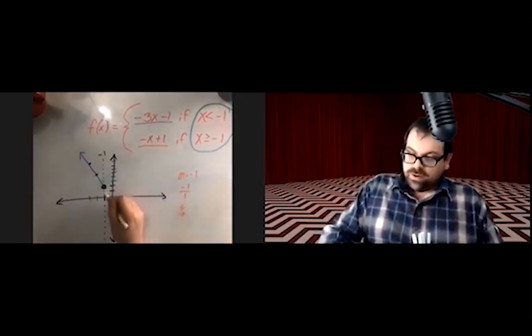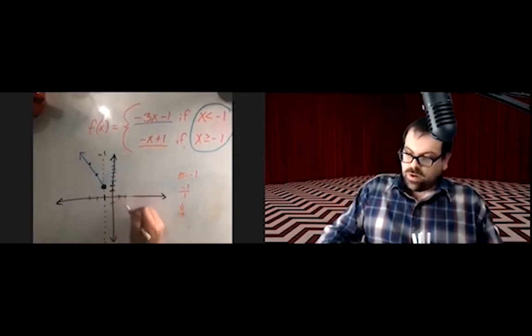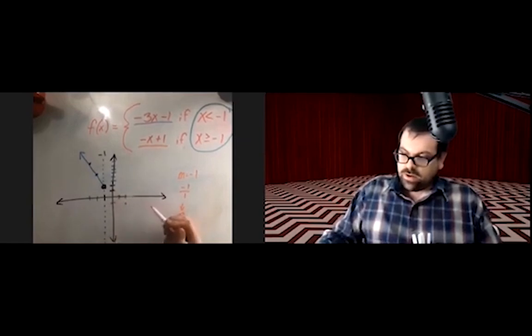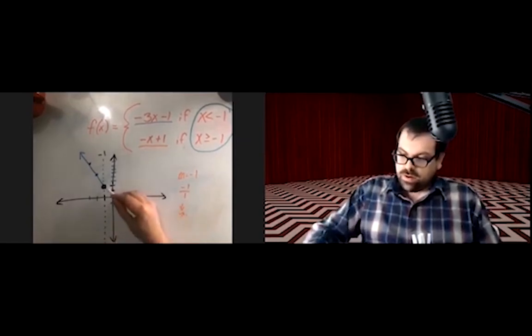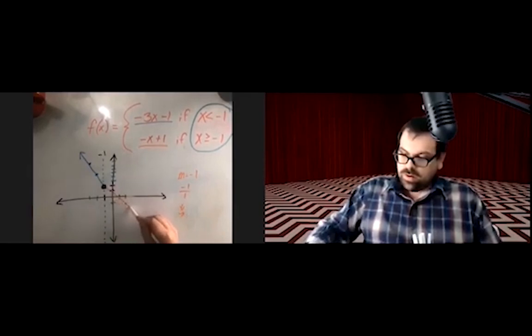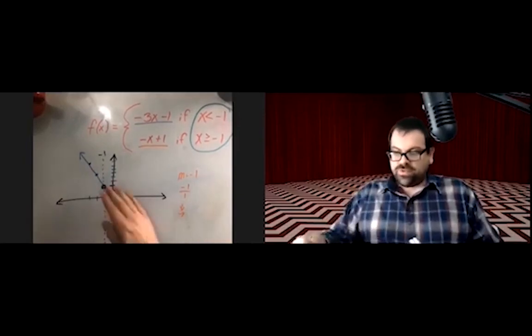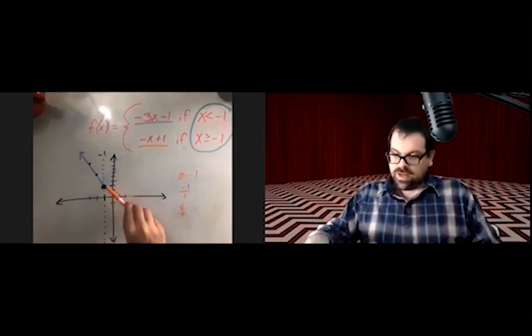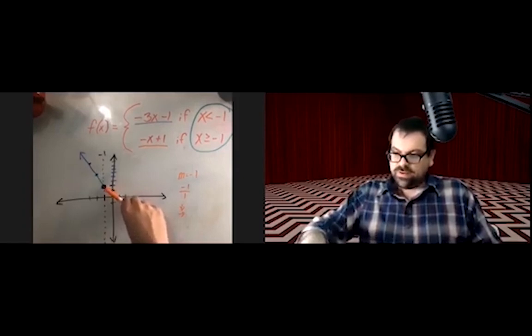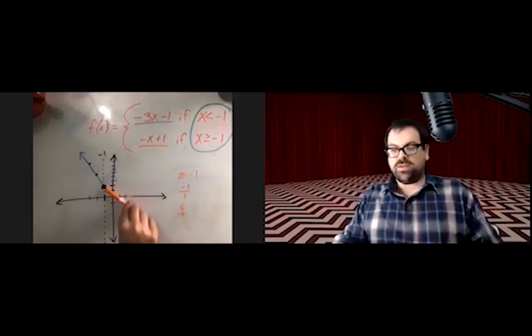Down 1, right 1. Down 1, right 1. Down 1, right 1. Down 1, right 1. So off to the right, we have this line with the slope of negative 1.